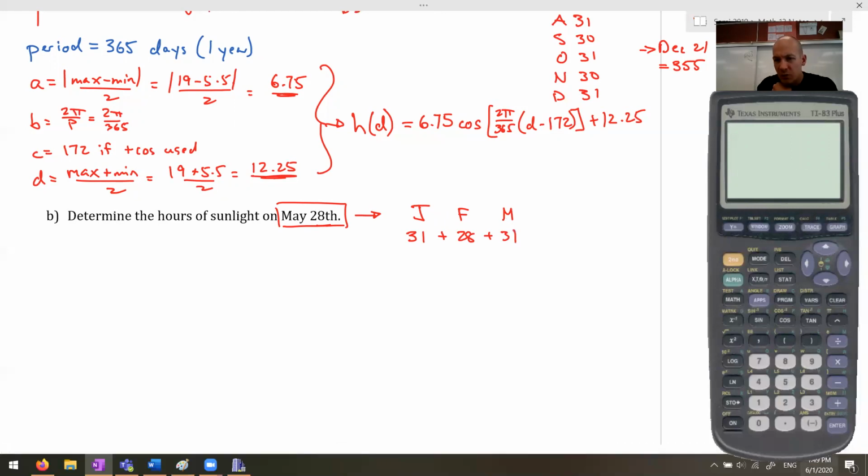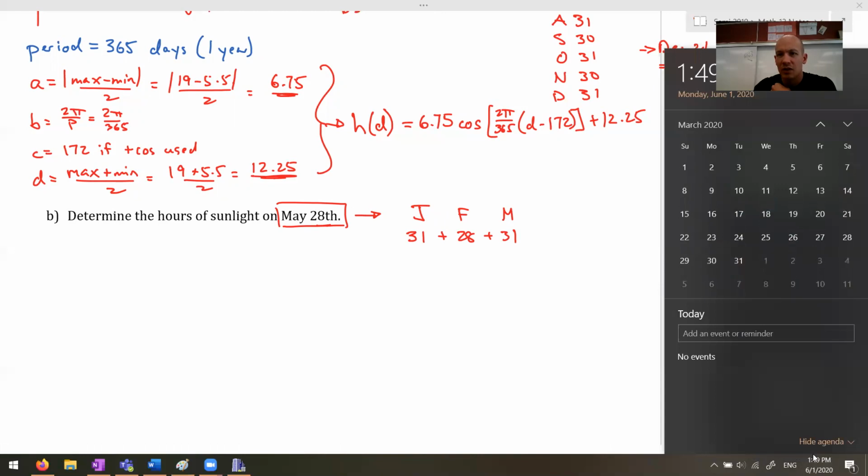Now I'm freaking out because I'm on video and I'm doing all this. Let me just consult my calendar. So there we go. So January is 31. Okay, I know it's a leap year. So February, normal is 28. March is 31. April's 30. May is 31. Cool. Okay, great.